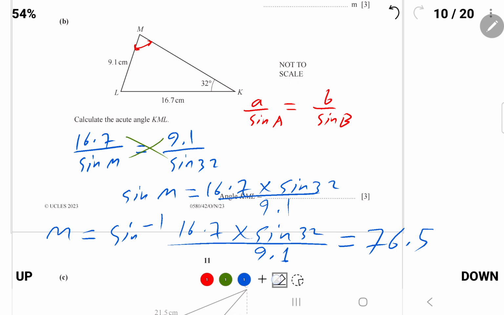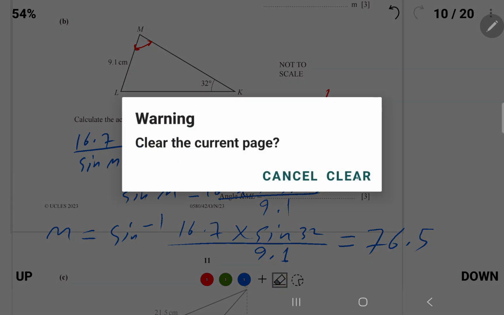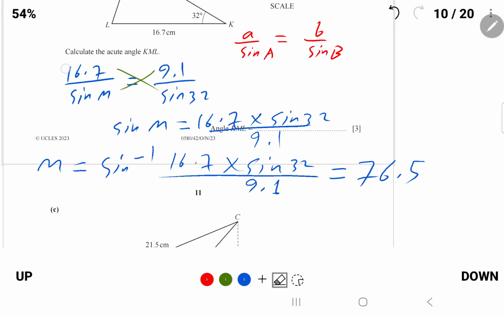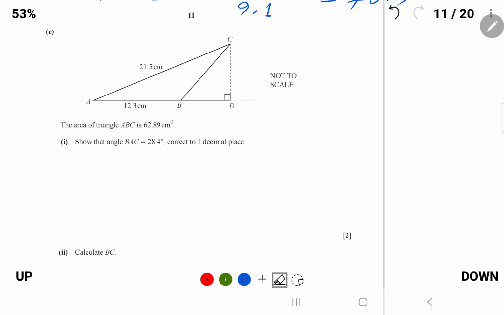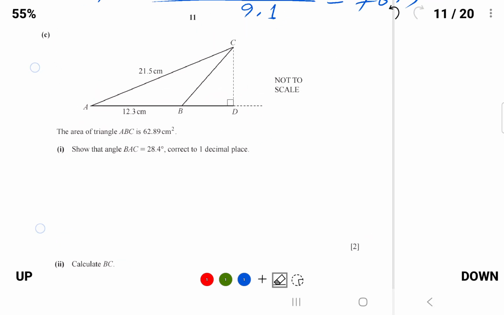Now let's move to question C. In question C, we're saying to you, you have this triangle, show that the angle BAC is 28.4. BAC means this angle here. So you are given the area. We know the formula for area of triangle.